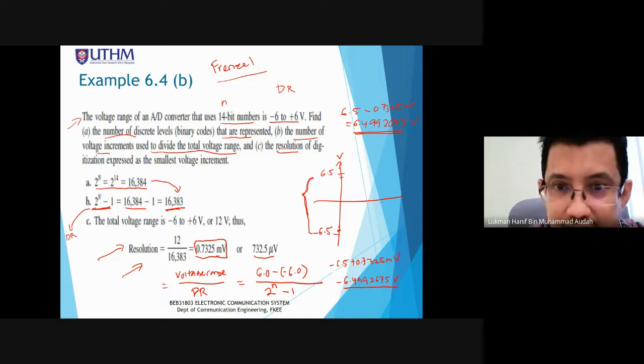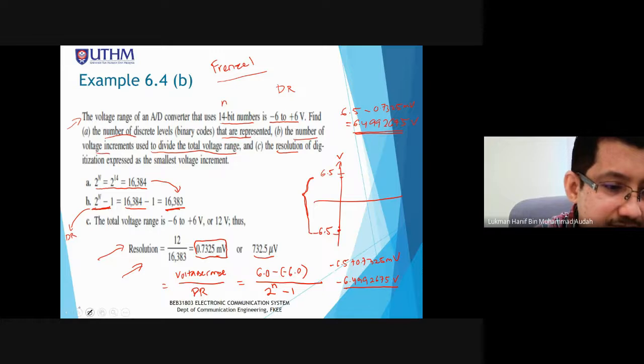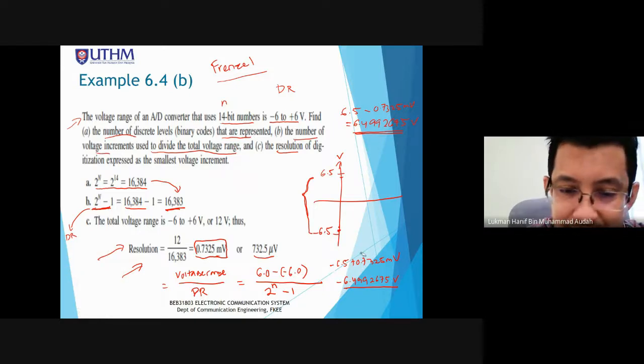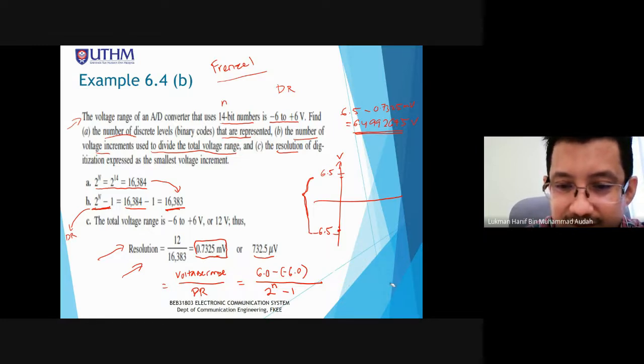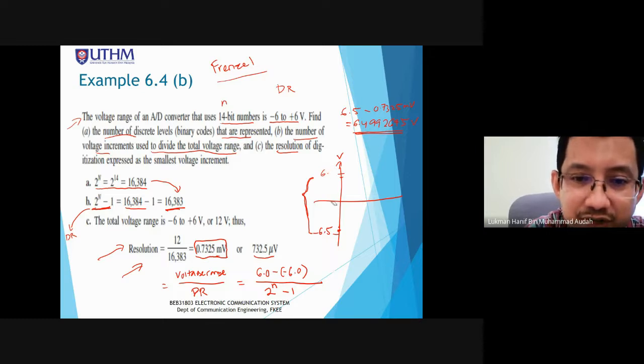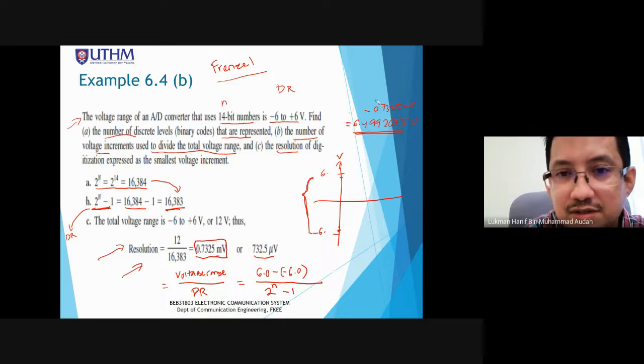So kenapa saya buat 6.5? I don't know why I put 6.5. It's supposed to be 6 because this is 6 volt.